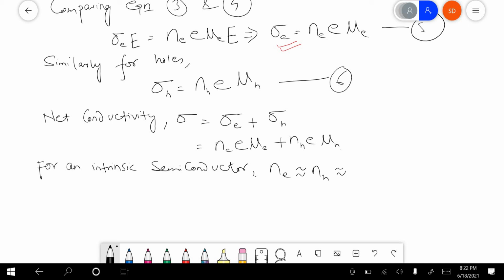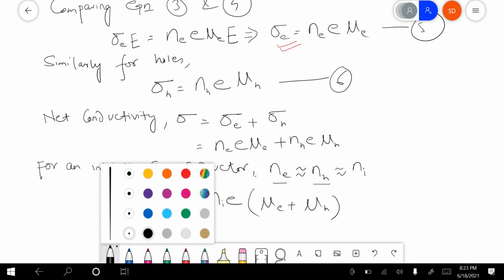Let this be equal to Ni, the intrinsic number density of electrons and holes. That is, the number of electrons per unit volume is equal to the number of holes per unit volume. So here I can write Ni e as common, mu e plus mu h.